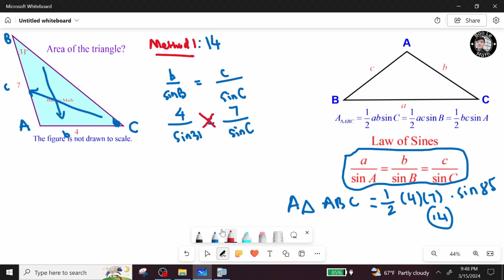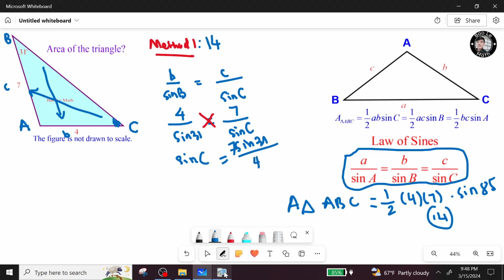So sine C equals 7 times sine 31 divided by 4.